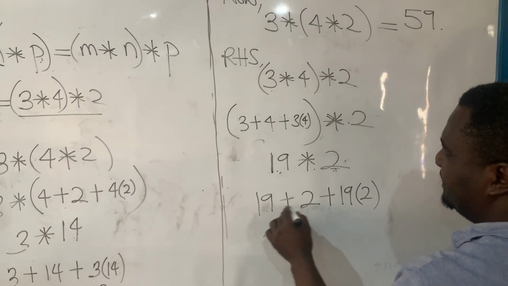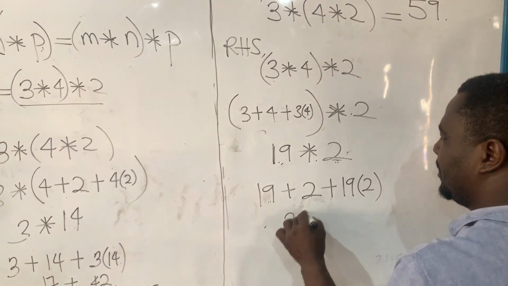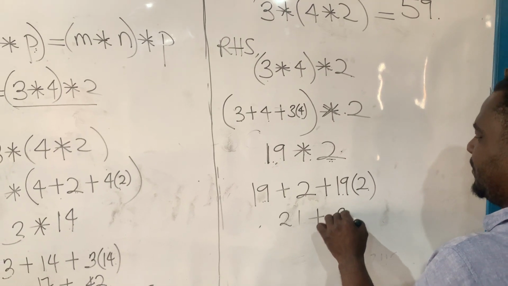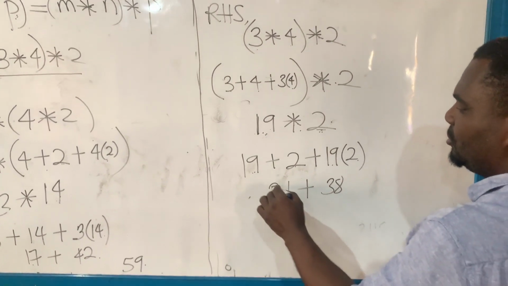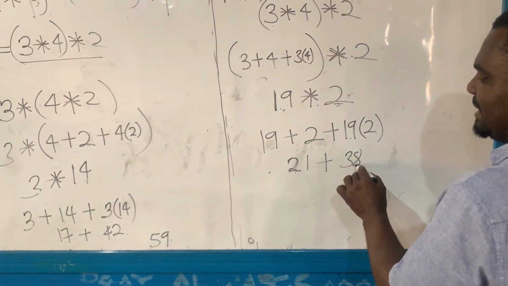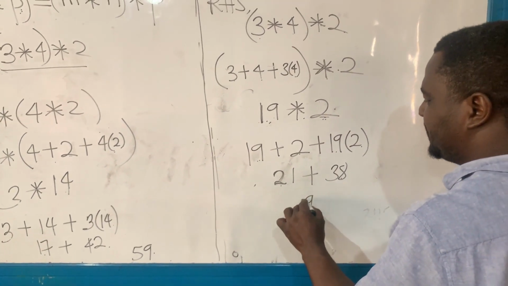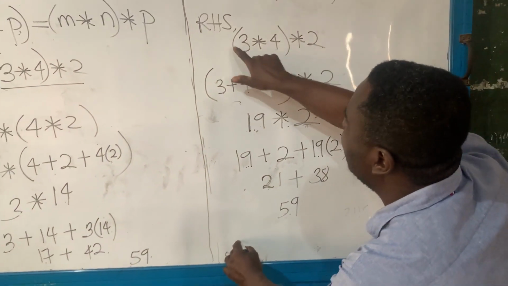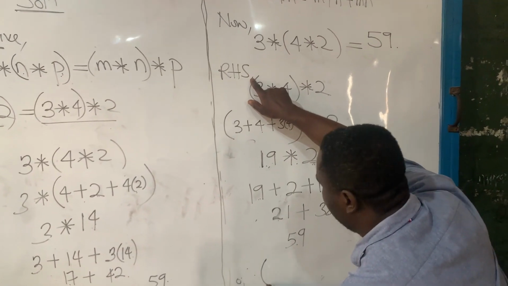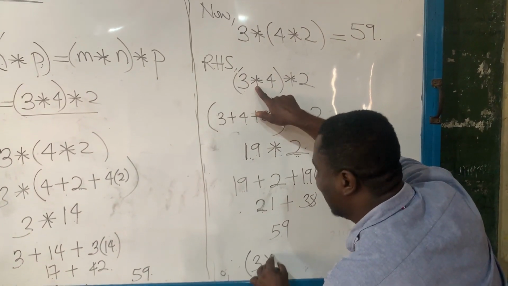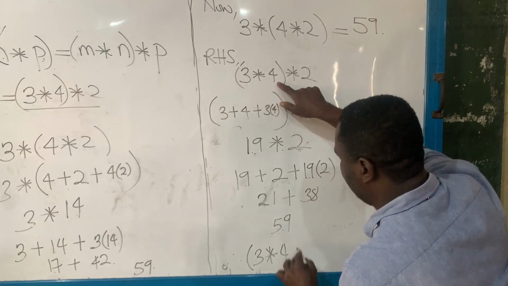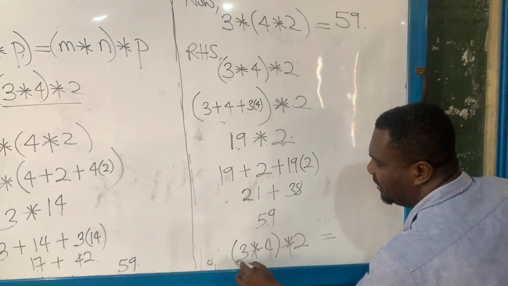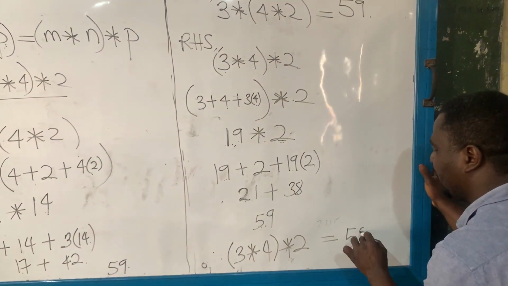We are simplifying. We are getting 19 plus 2 as 21, plus 19 times 2 will give you 38. So 21 plus 38, we are getting 59. So in conclusion, from my right hand side, bracket open 3 star 4, bracket close, star 2, after solving this, I had my answer as 59.